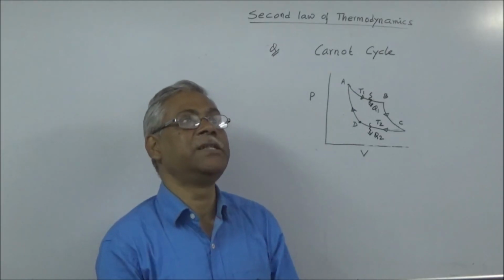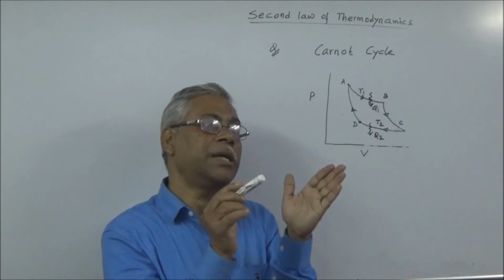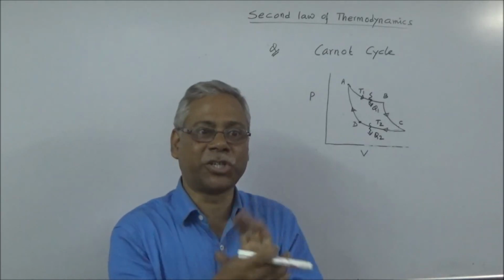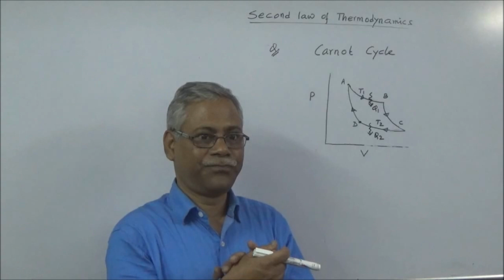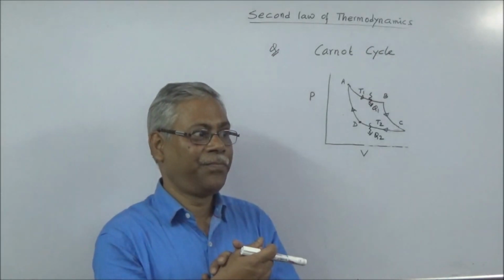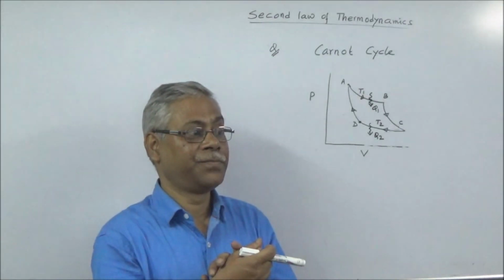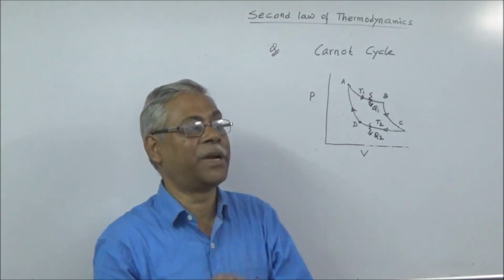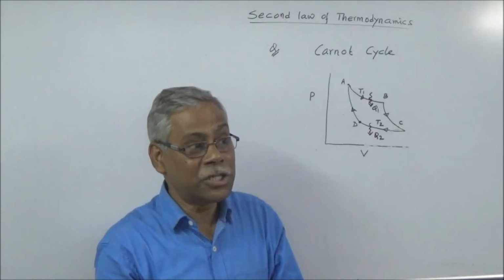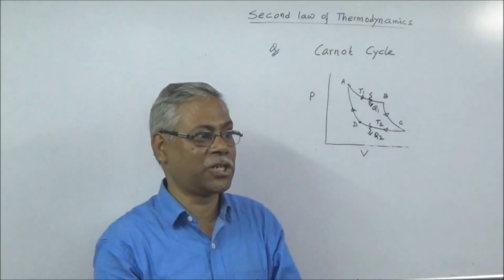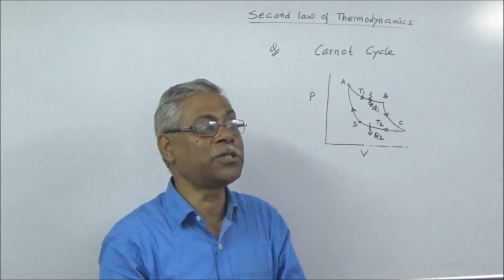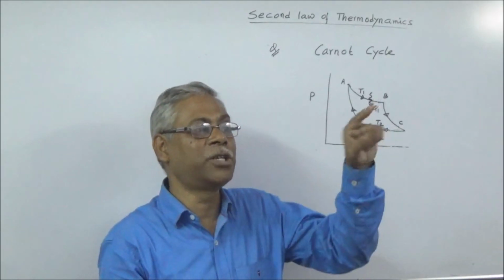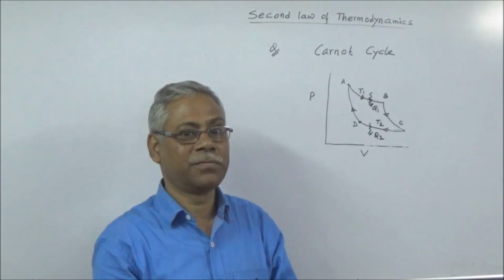Reversible process means, see, in the universe, all the things are unidirectional. Unidirectional means not reversible. Heat flows from higher temperature to lower temperature. Heat does not flow from lower temperature to higher temperature. But a reversible process requires that heat should also be able to flow from lower temperature to higher temperature.